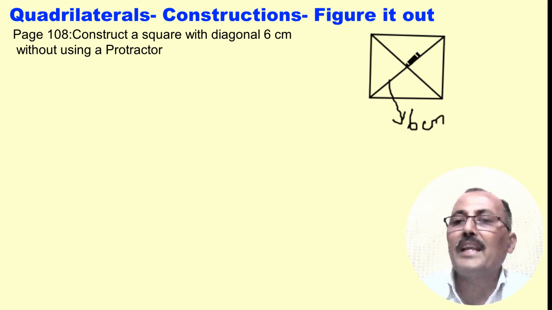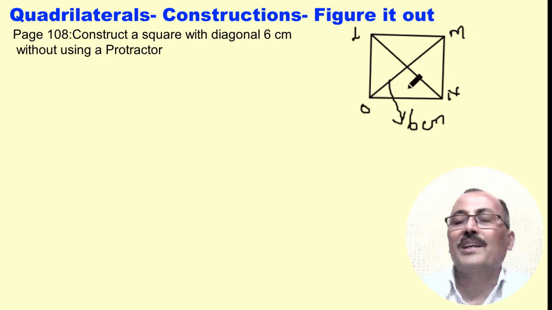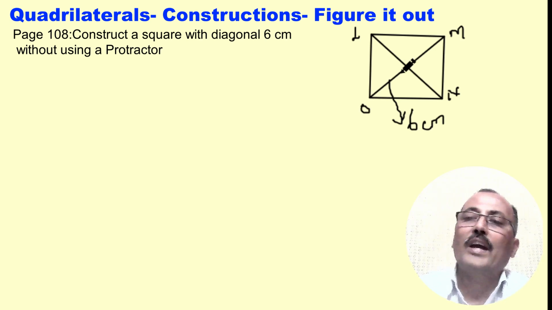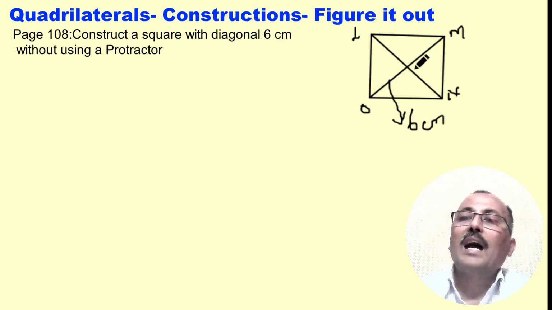So let us name this square L, M, N, O. I have taken different names because they didn't give the name at all. In none of the questions do they give a name. And the center point is P. So L, M, N, O, and P is the center point.